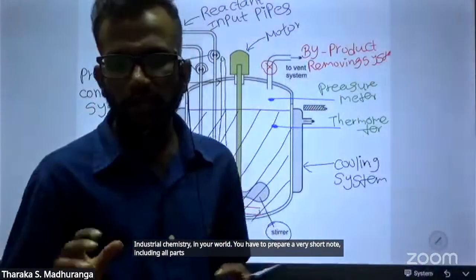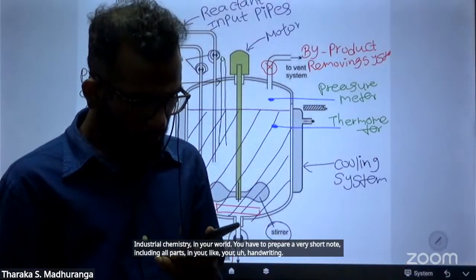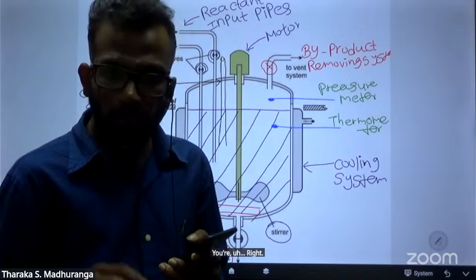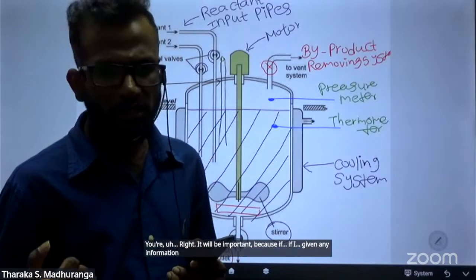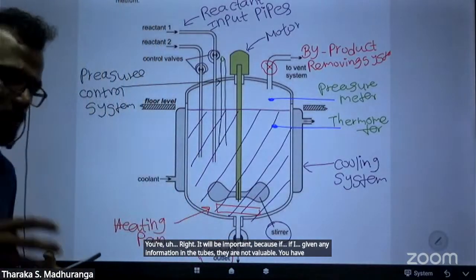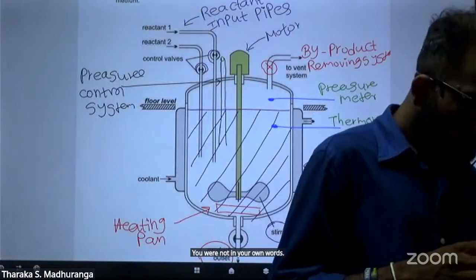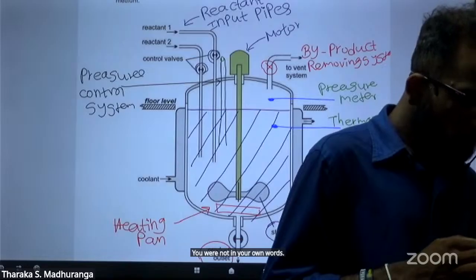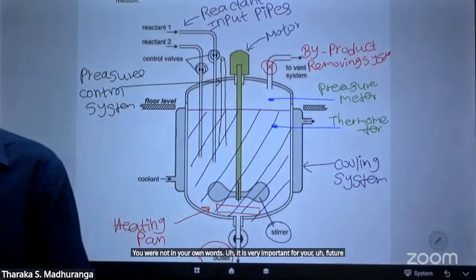It is important because information I give in the tutes is not as valuable. You have to prepare your own note. It is very important for your future studies.